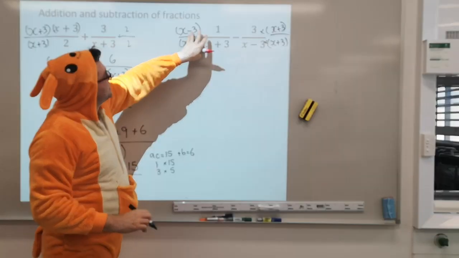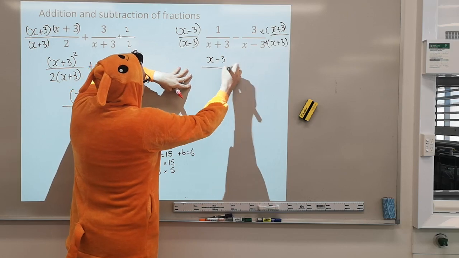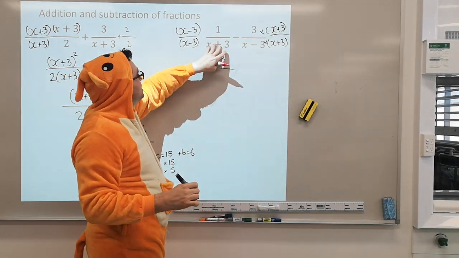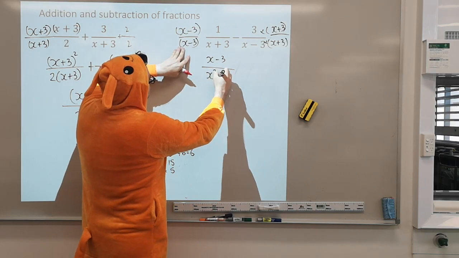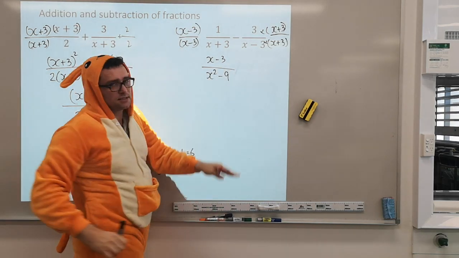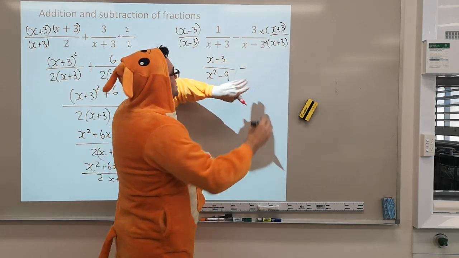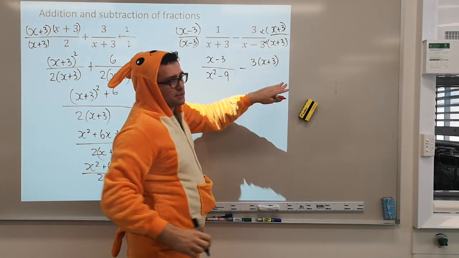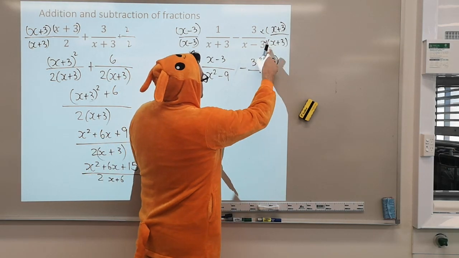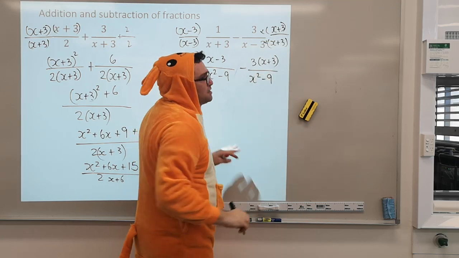So we're going to end up with x minus 3 times 1, which is just x minus 3, on x minus 3 times x plus 3, difference of two squares, so x squared minus 9, minus 3 times x plus 3 over, once again a difference of two squares, x squared minus 9.